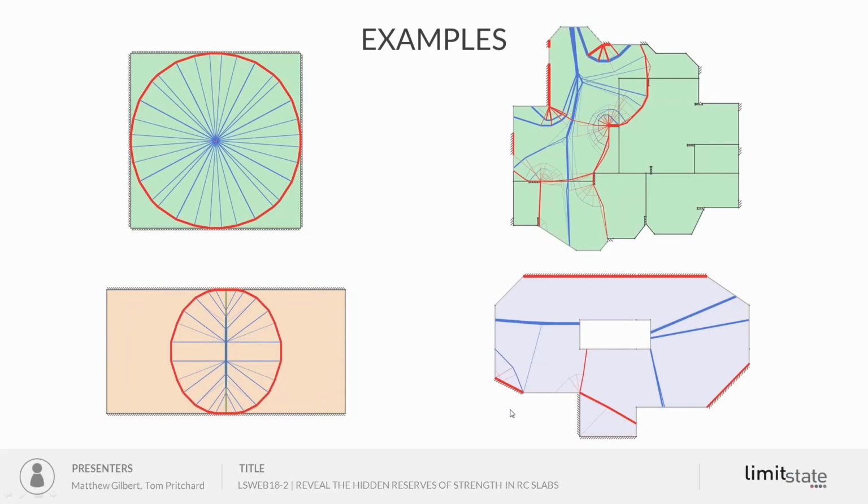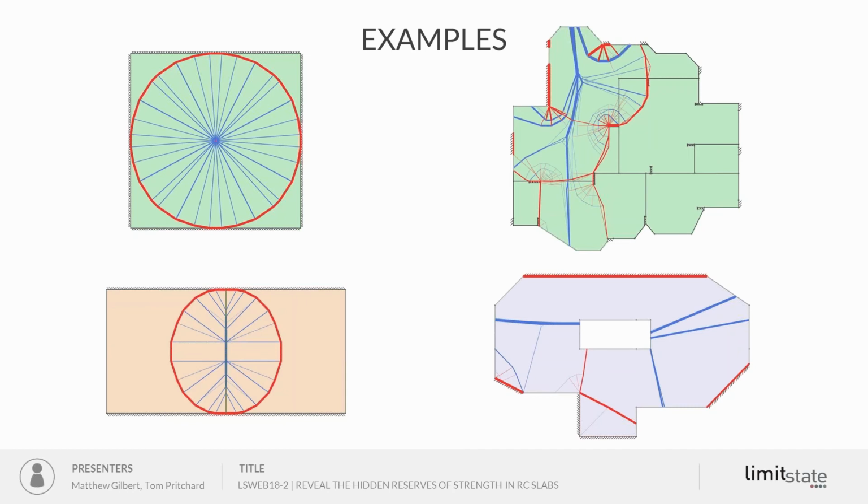Okay, so the first slide I want to show is just a couple of examples of very simple academic yield line analysis problems. You can see the yield line patterns on the left, a simple fan mechanism, and a slightly more unusual mechanism on the bottom. These are the sorts of mechanisms that you'll find in textbooks that appeared over the last few decades. The big problem with the yield line method has been what happens when the geometry is more complex.